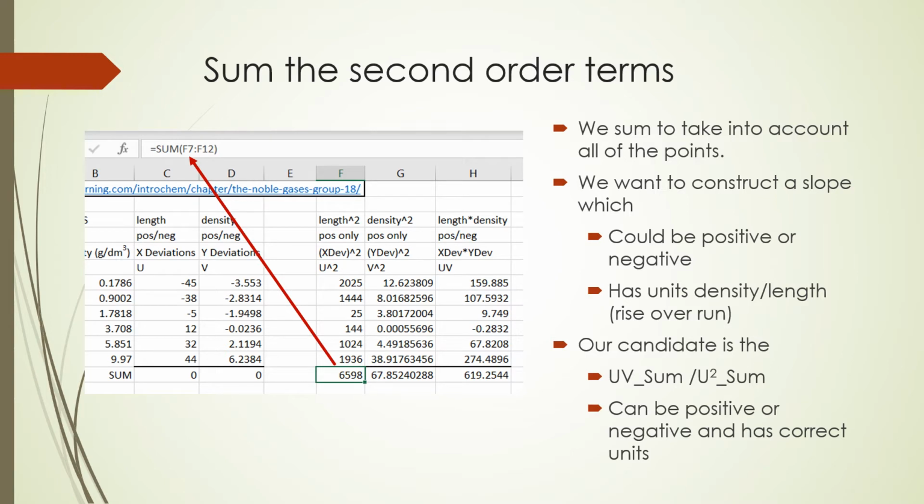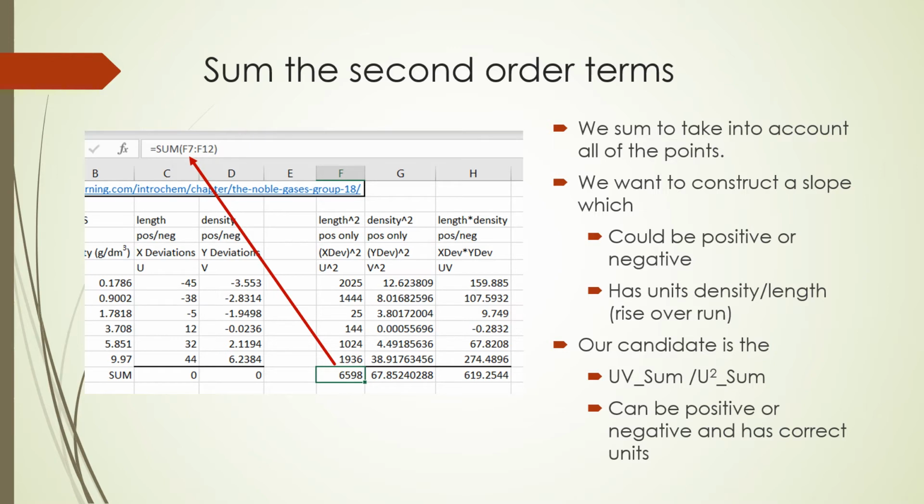Now what do we want? We wanted a slope, and the slope is a rise over a run. We had density on the rise and length on the run, so we want density over length, and in general, a slope could be positive or negative. So our candidate then is the sum of uv over the sum of u squared.